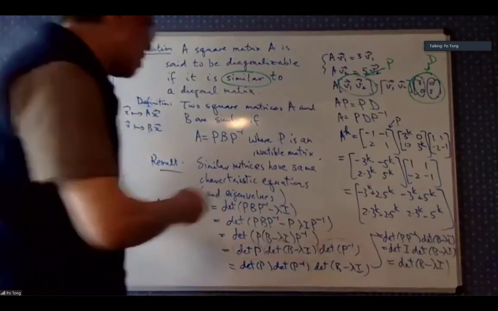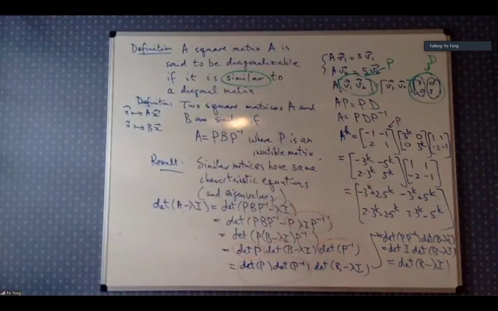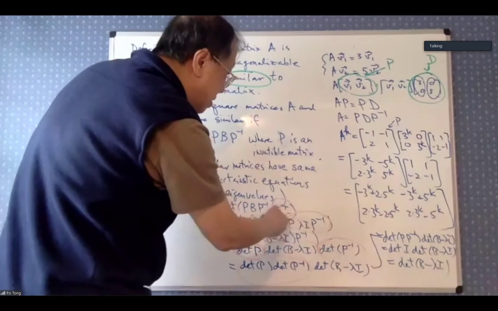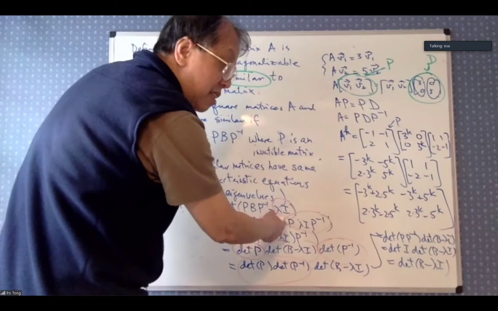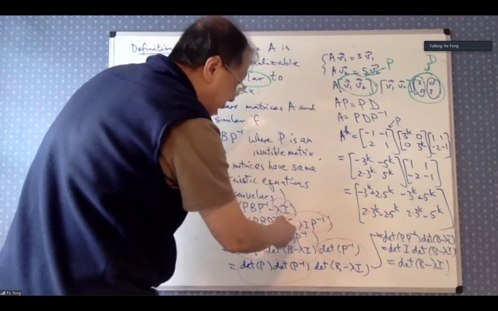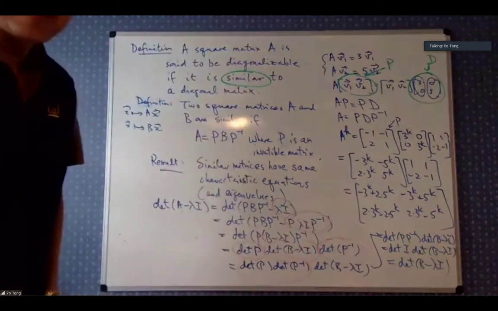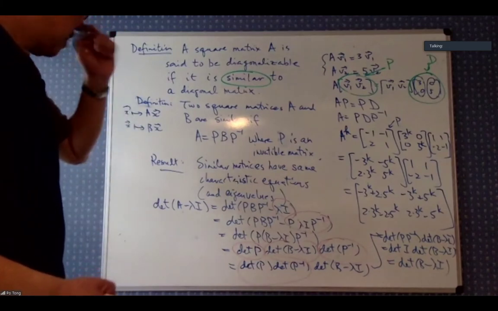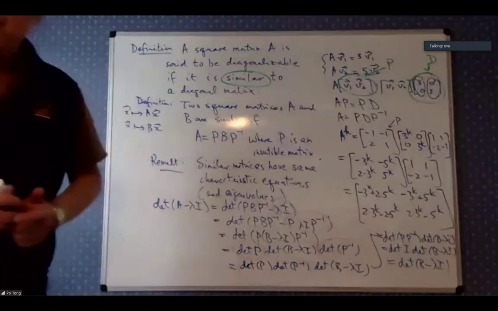Because this lambda is a constant. You can take the constant lambda out to the front. And then P times I is equal to P, and P times P inverse is equal to I. I'll try to get back to this later on.